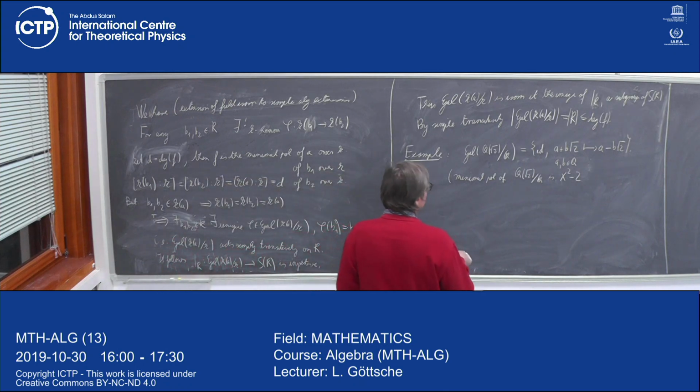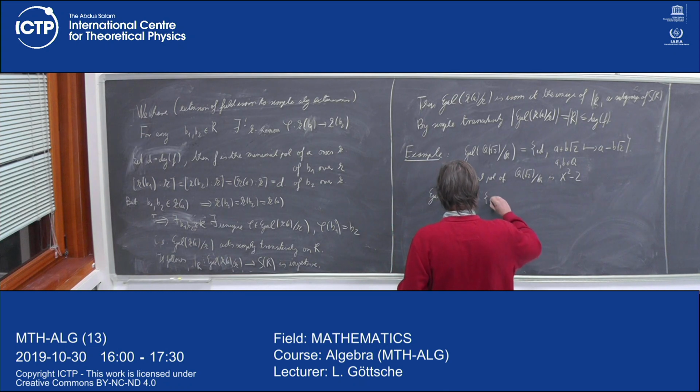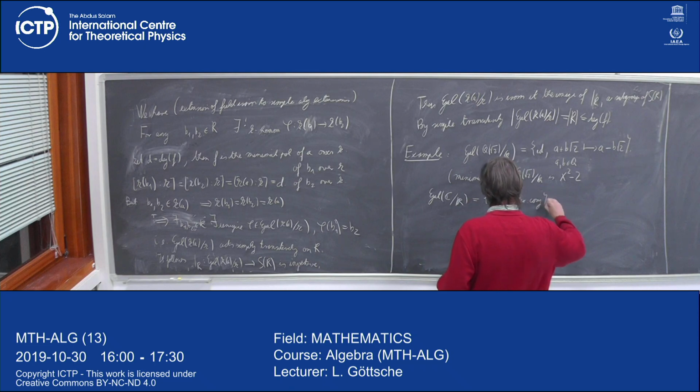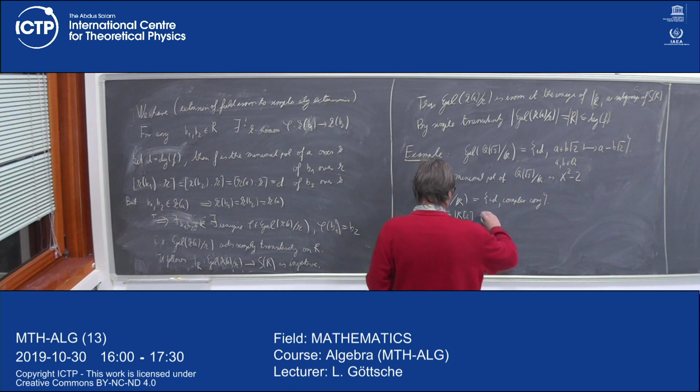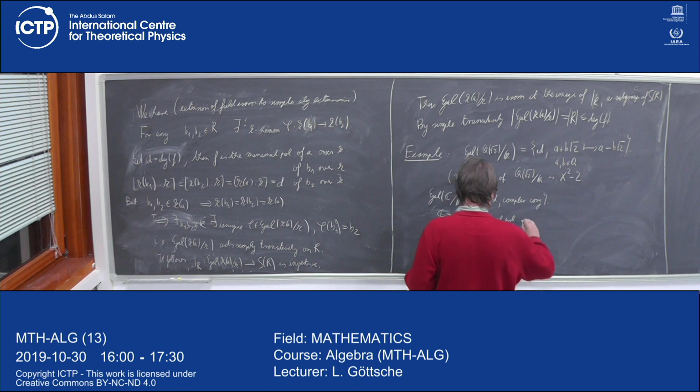By the way, if we look at the Galois group of C over R, then by what we have seen, this will just be the identity and complex conjugation. Because this again is a simple algebraic extension: C is equal to R(i), and the minimal polynomial of i is x² + 1 of degree 2.